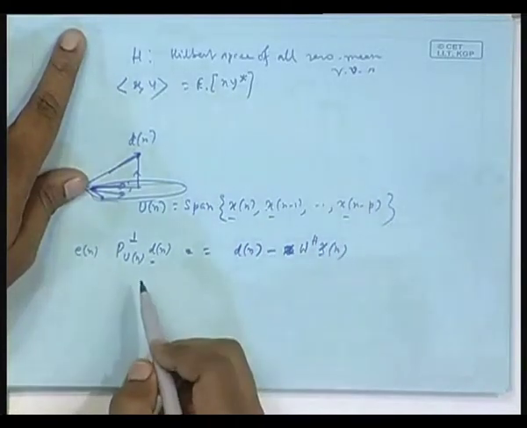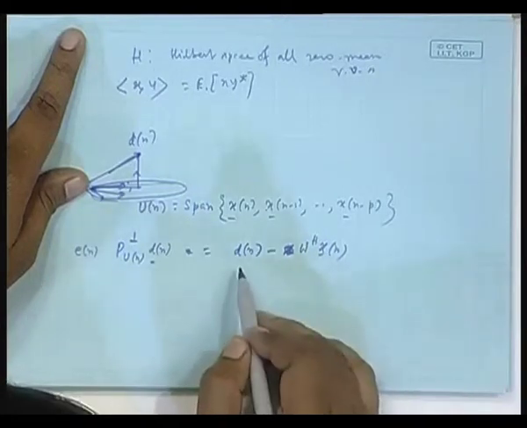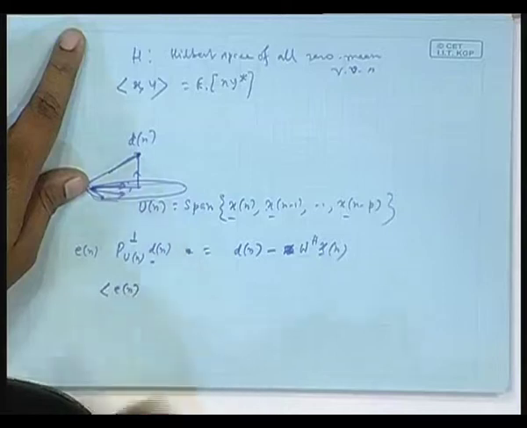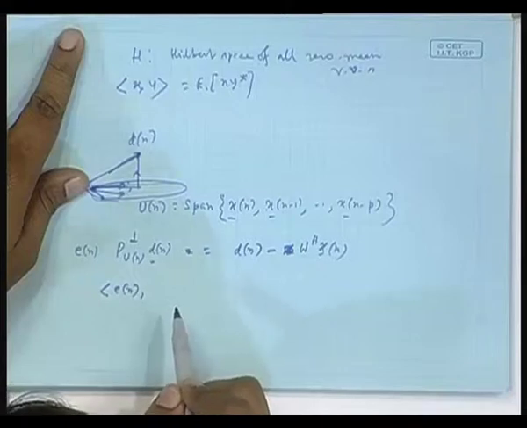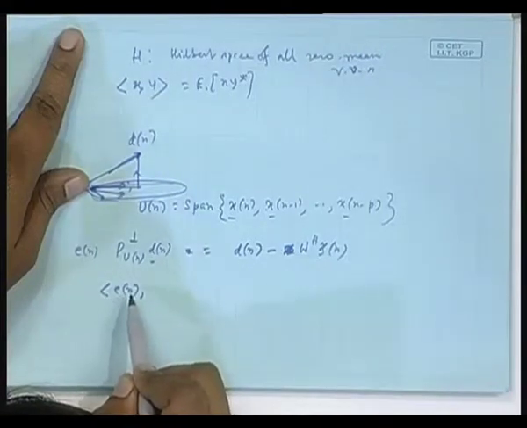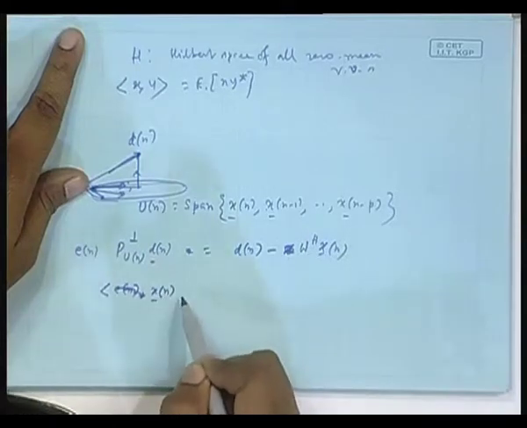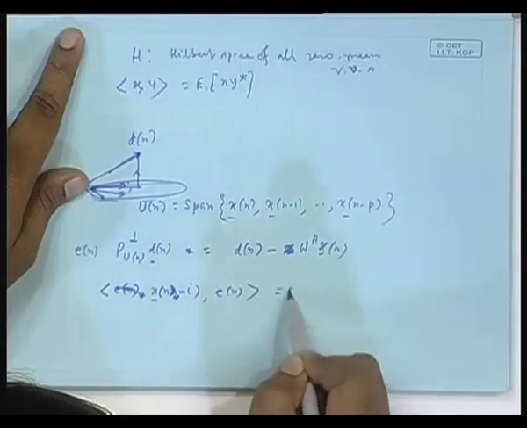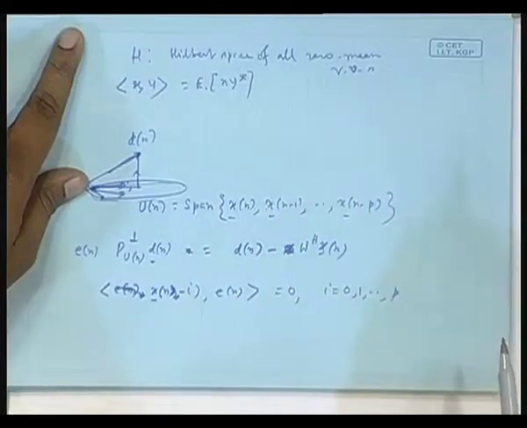That means, if I take x n minus i, any element, with E n, that should be 0 for i equal to 0, 1, up to p.